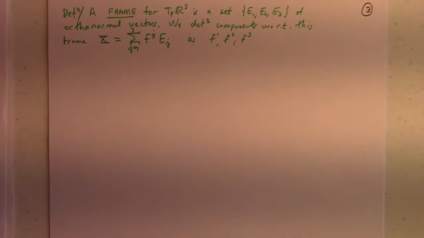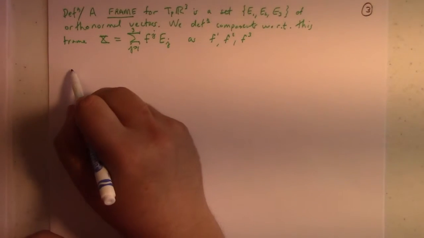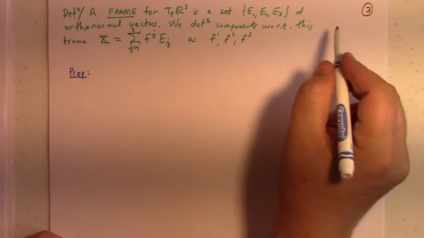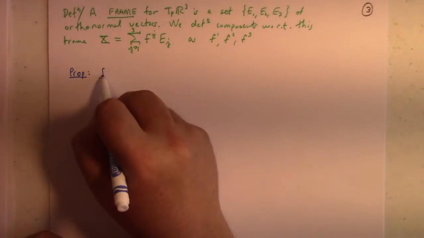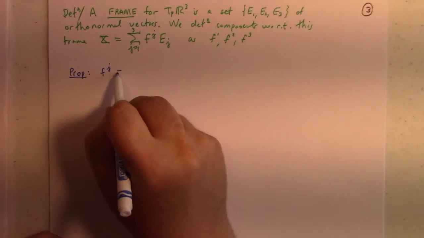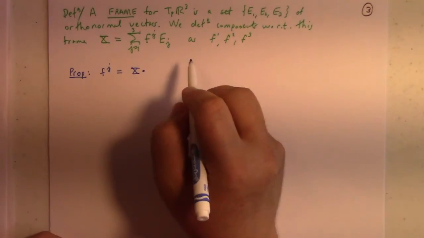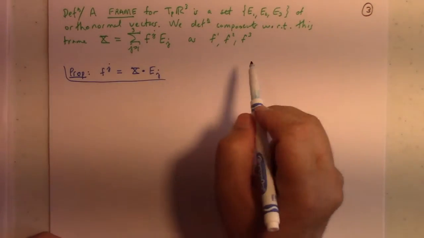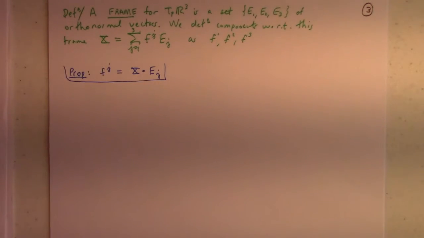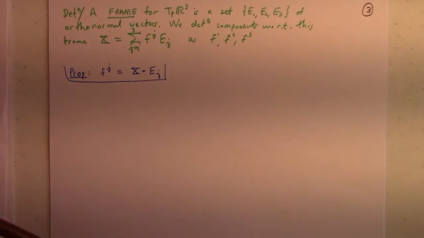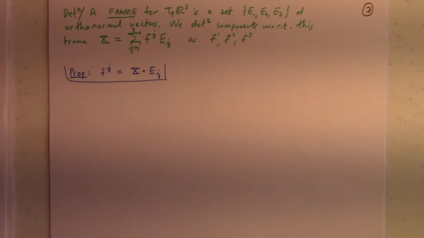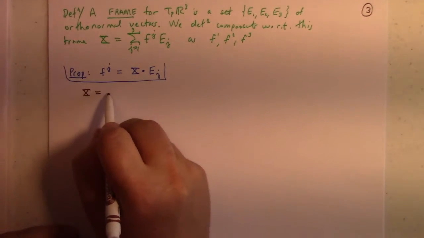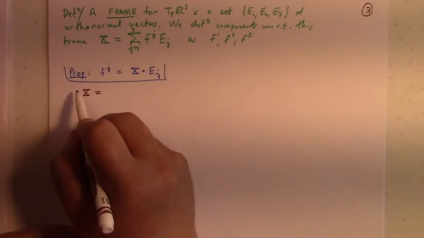Now, of course, an obvious proposition here, same terminology. What is the formula for the jth component? It is nothing more than x dot e sub j. Now, why is that true? Very simple. Because if I take x as above, we can take the dot product on the other side.